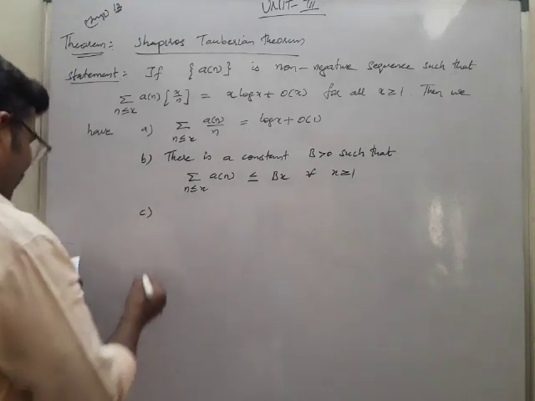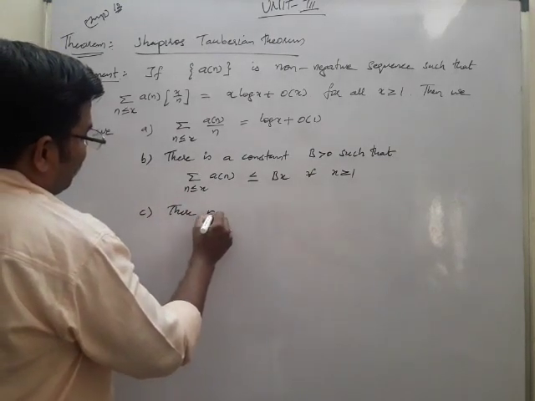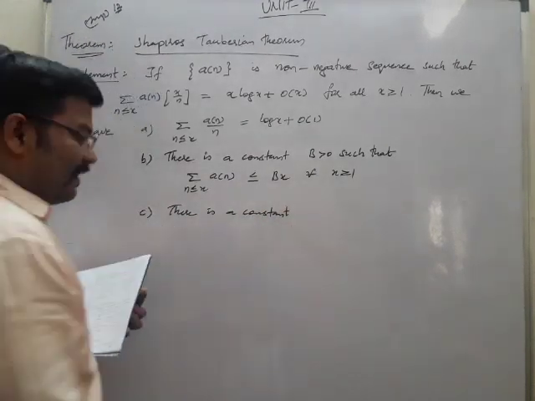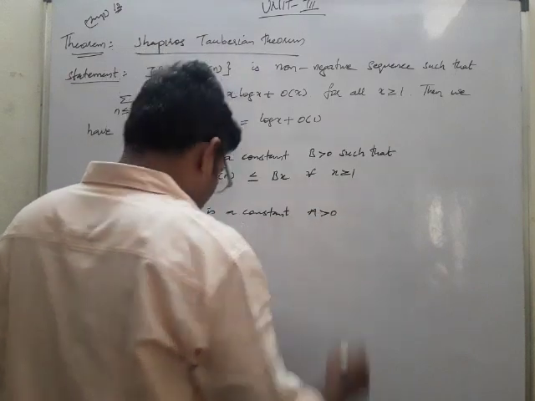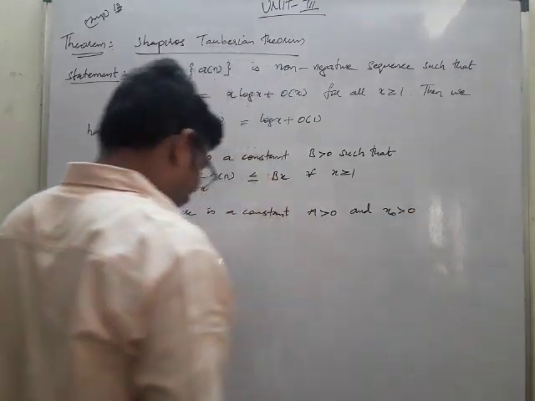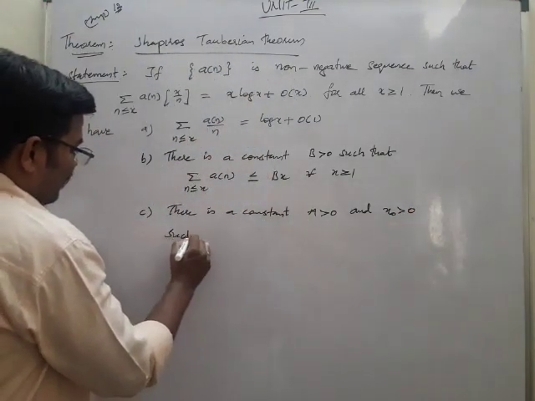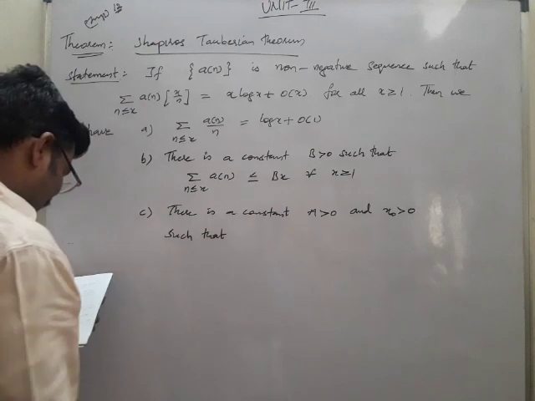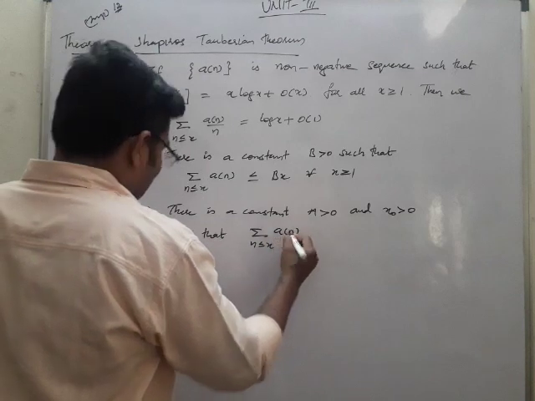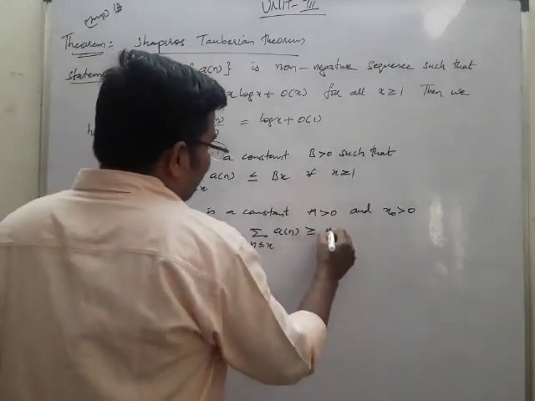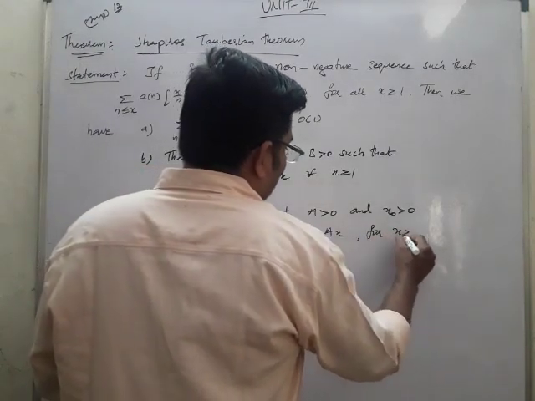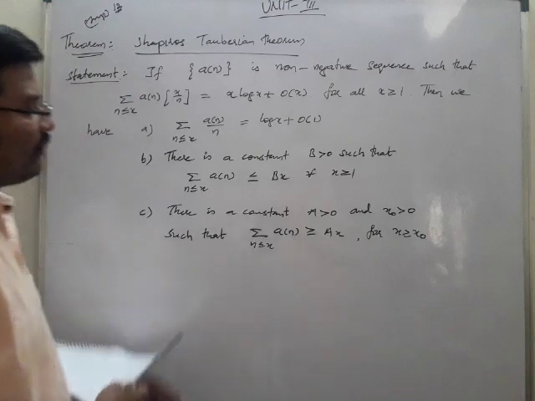Next is c, the last one. There is a constant a greater than 0 and x naught greater than 0 such that summation n less than or equal to x of a of n is greater than or equal to a x, for x greater than or equal to x naught.